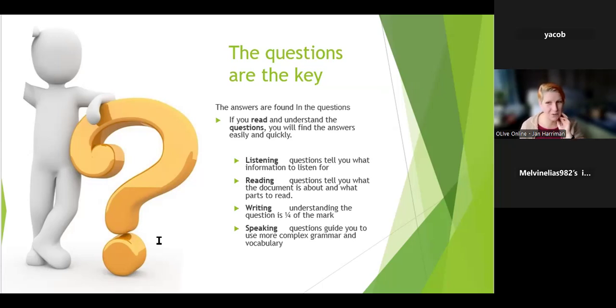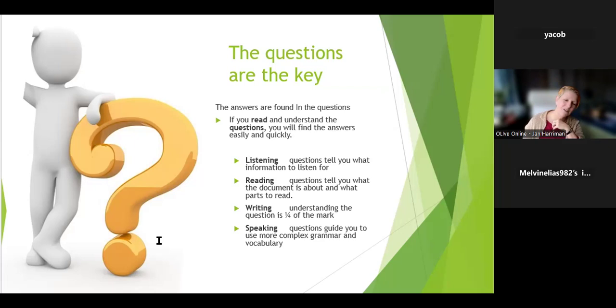What does the examiner want you to say? Well, listen to their questions. What are we talking about? That's the key. So listening, you need the questions in order to know what you're listening for.